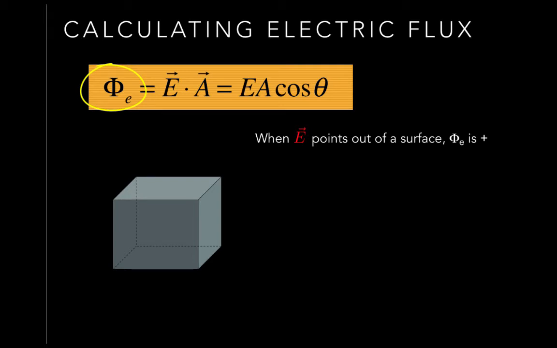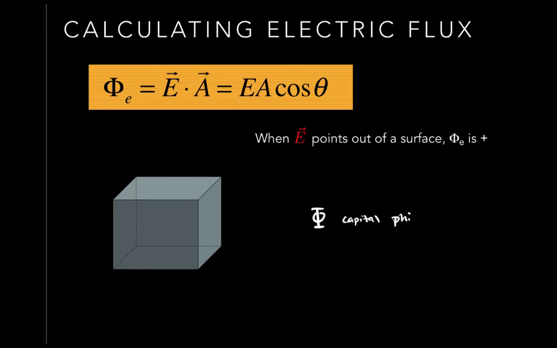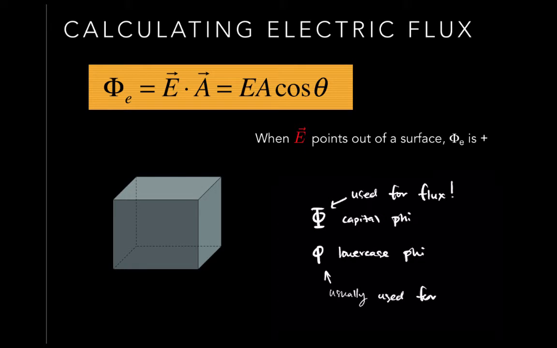Phi. It's phi, but it's capital Phi, okay? So it's capital Phi, yeah, we have our Greek alphabet up here. Capital Phi, lowercase phi. So this one's like an angle for like spherical coordinates, and this one's flux. Okay? And we call it flux sub E.